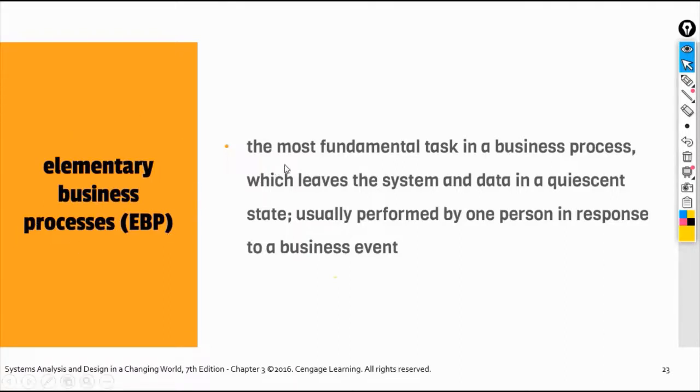It is the most fundamental task in a business process which leaves the system and data in a quiescent state, usually performed by one person in response to a business event.